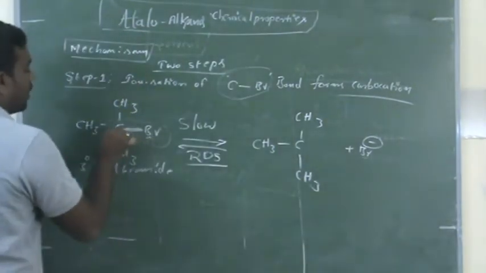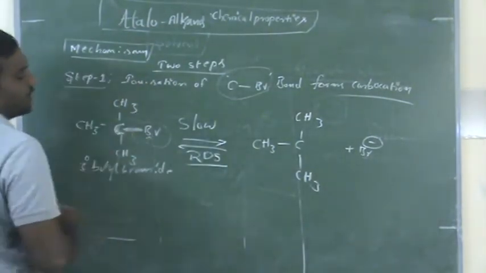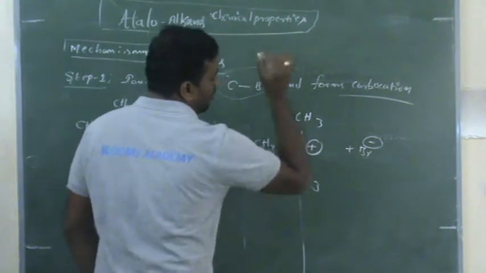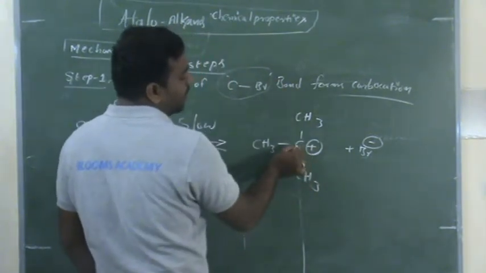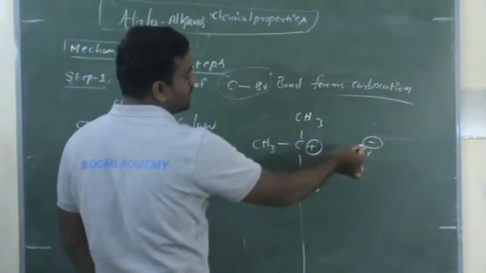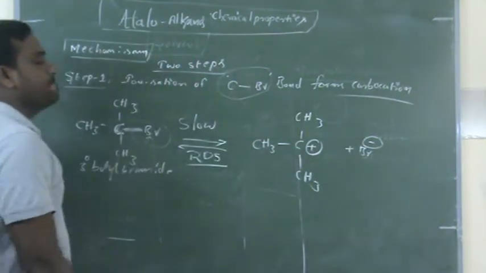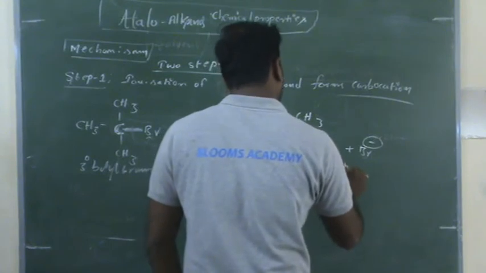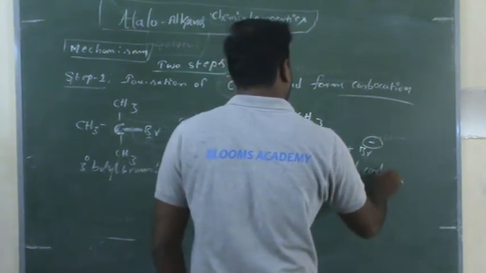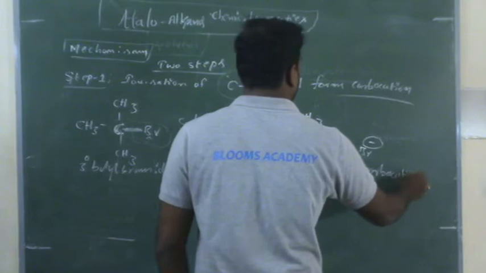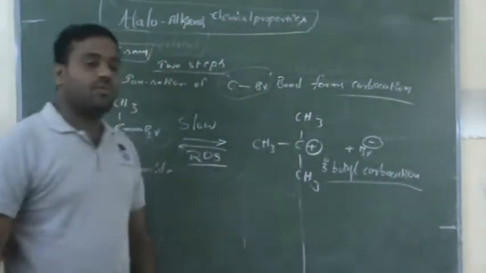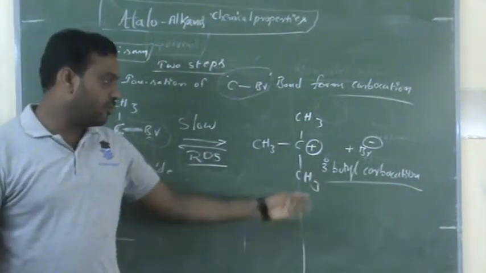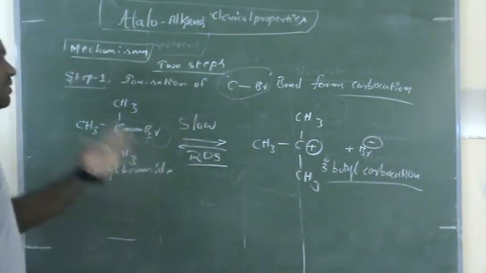This carbon gets a positive charge. Very, very important: on carbon there should be a positive charge and on Br a negative charge. Now we call this tertiary butyl carbocation. That is the first step.